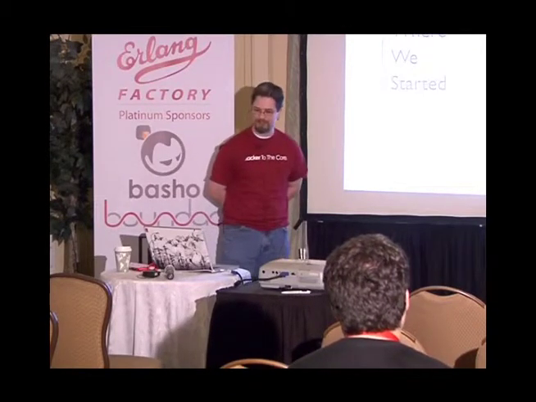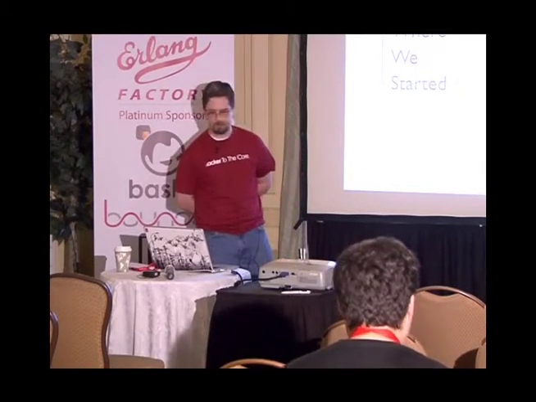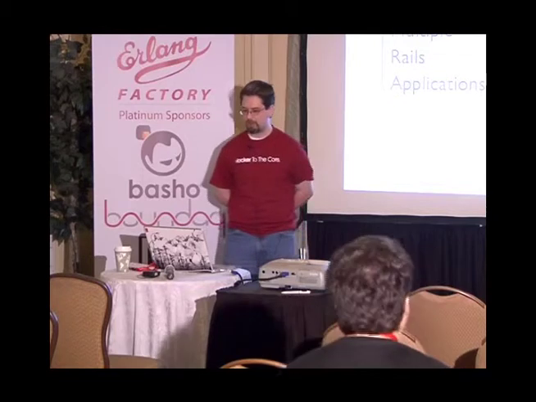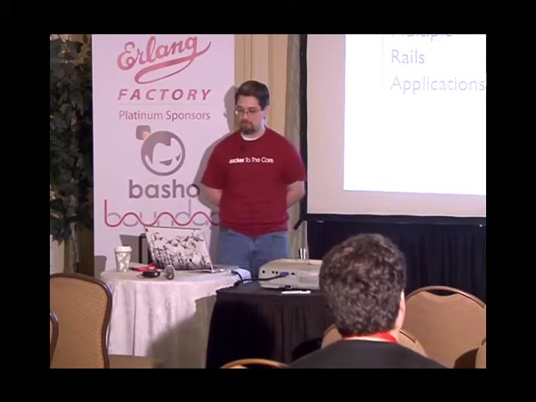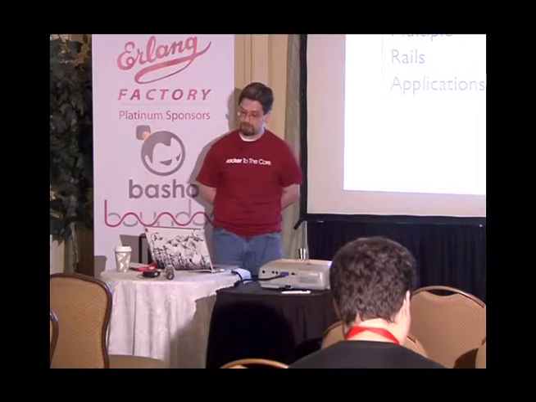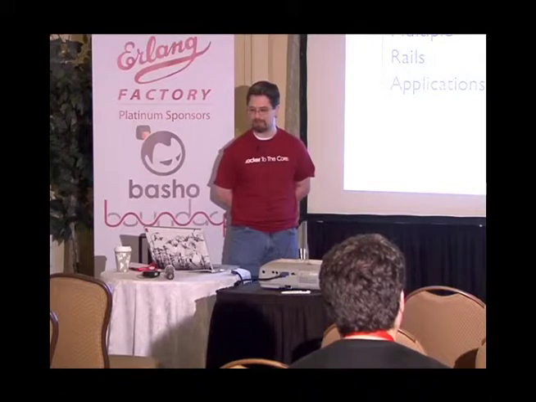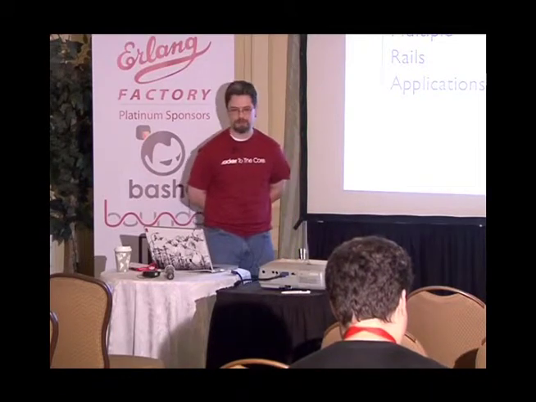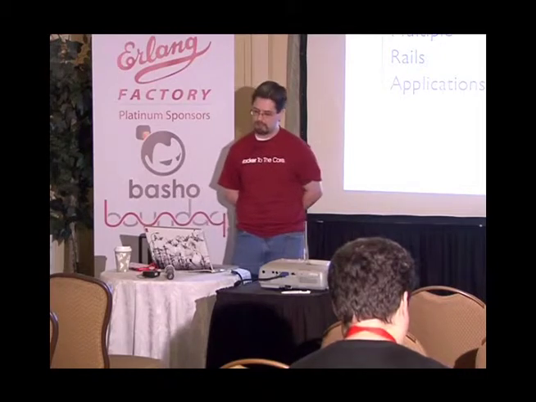So where we started, I joined Rackspace in mid-2009. And at that time, there were multiple Rails applications, and in one case, a Ruby script. They had a lot of overlapping responsibilities. They were basically information silos. They all communicated with devices in one way or another, but they did it differently.